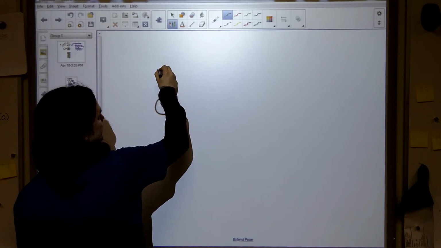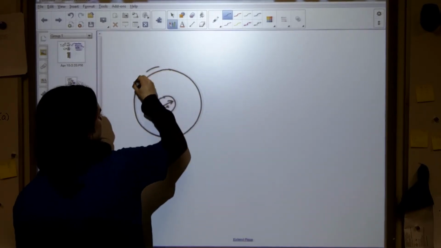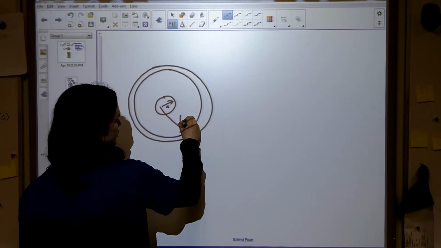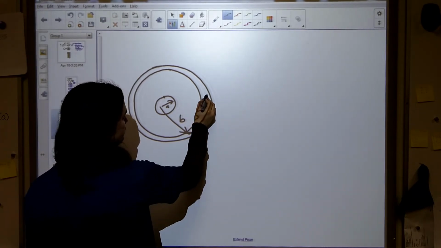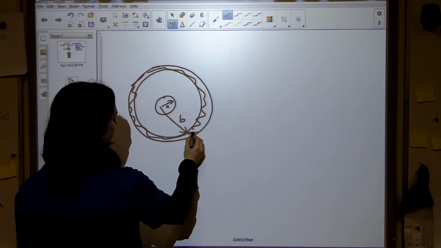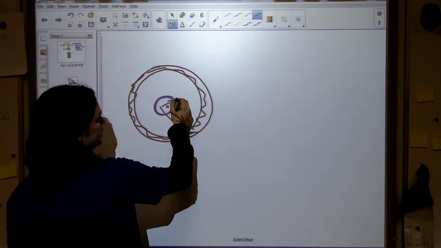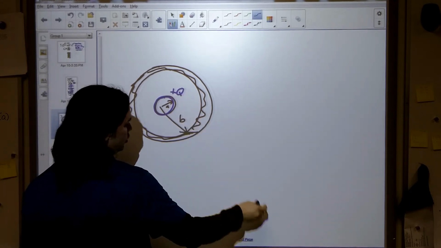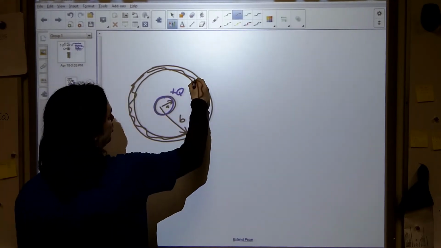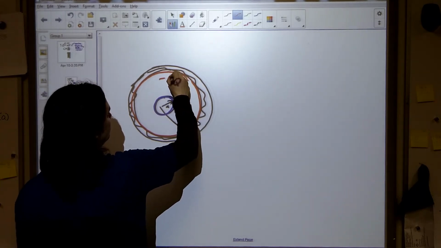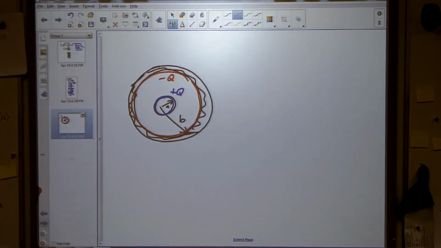A. B. We're going to say that we have nested conductors. I'm going to do positive Q on the inside, and we're going to end up with a negative Q over here.